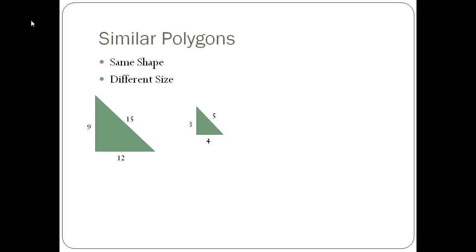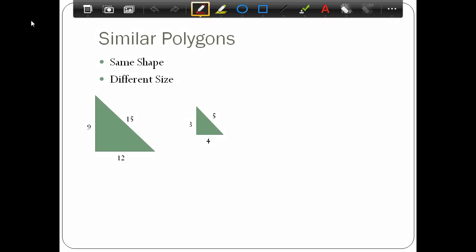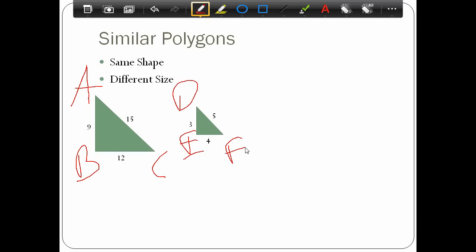If I wanted to say that they're similar polygons, I'd have to put points on them. So let's say we have A, B, C, and on this one D, E, F. A, B, C, and D, E, F. If I wanted to say that those are similar figures, my statement would be that triangle ABC is similar to triangle DEF.